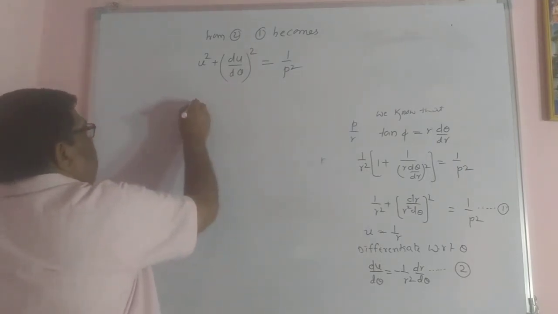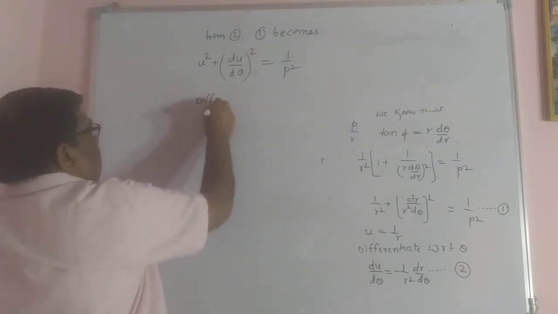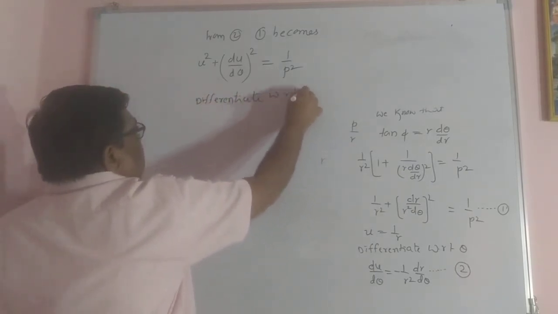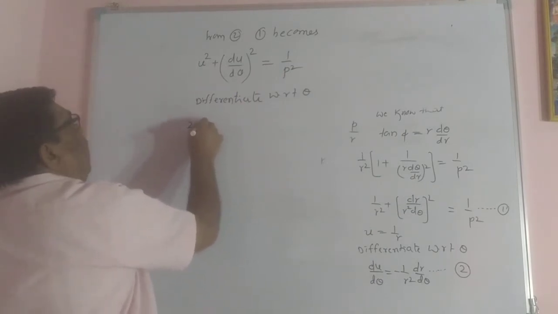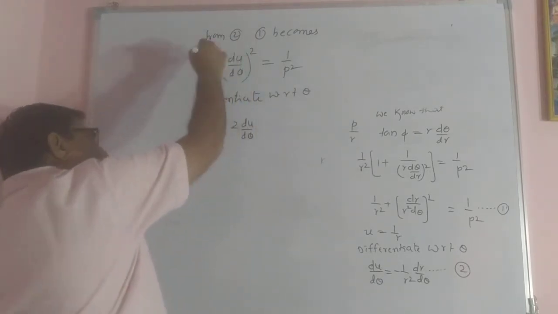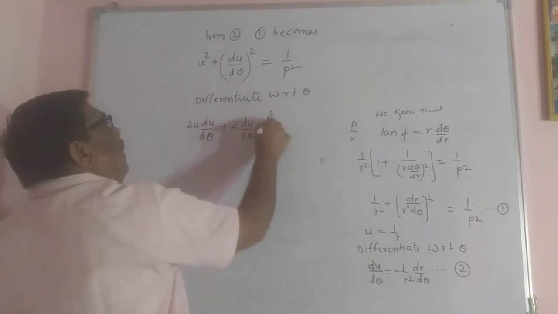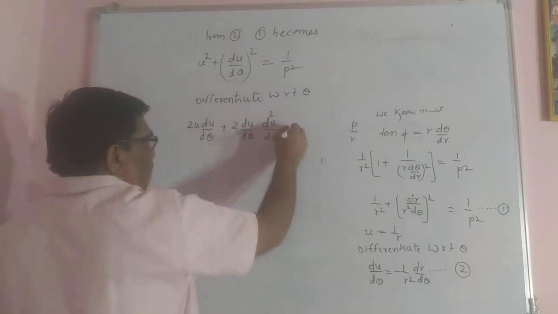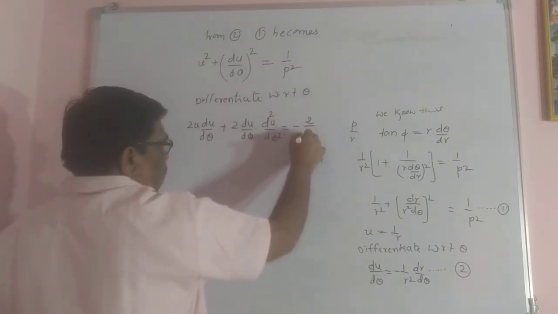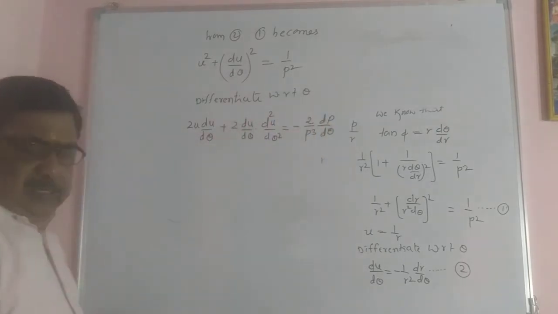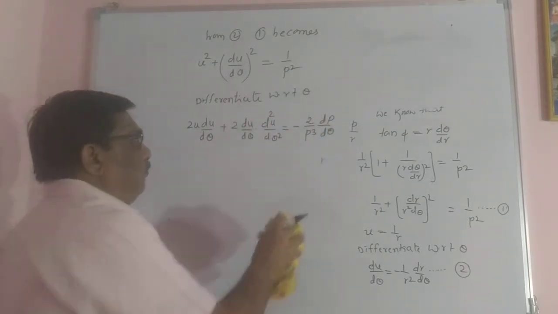So differentiate with respect to theta again: 2u du by d theta plus 2 du by d theta into the second order derivative d square u by d theta square equal to, p is also variable, minus 2 divided by p cube into dp by d theta. Yes, I have differentiated with respect to theta.